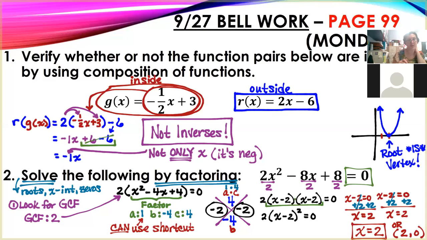Anytime you have just one solution, that's what's happening. Because if the vertex is not touching the x-axis, it would have to go all the way through it, and then it would have to come up somewhere else. So this is one of those situations where we have only one real root.